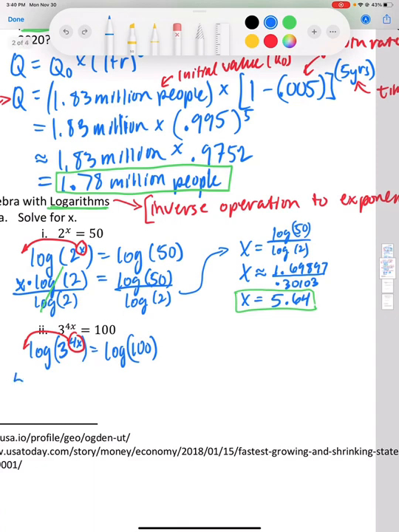So we have 4x times log to the base 10 of 3 equals log of 100. Now we go ahead and divide both sides by log base 10 of 3 to isolate the x term.